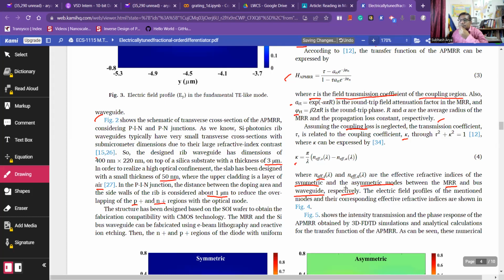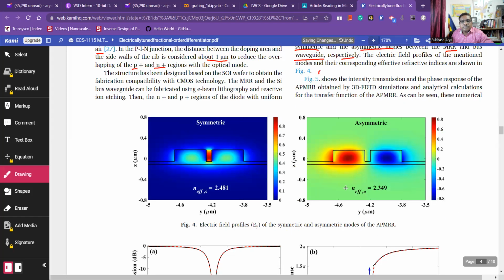So we have to see the symmetric mode when two waveguides are in the vicinity. There is a mode called symmetric mode and an asymmetric mode. The electric field profile of the mentioned modes and their corresponding effective refractive indices are shown in figure 4. So we can see here.